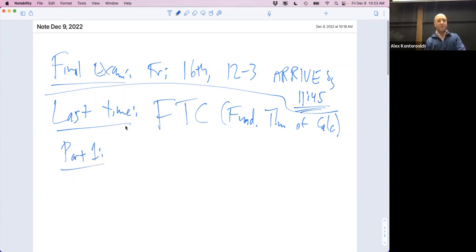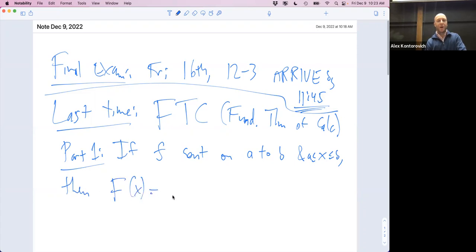is that every continuous function has an antiderivative. If f is continuous on a to b and x is between a and b, then if we make a function called capital F by integrating from a to x of f of t dt, this will be an antiderivative of f.